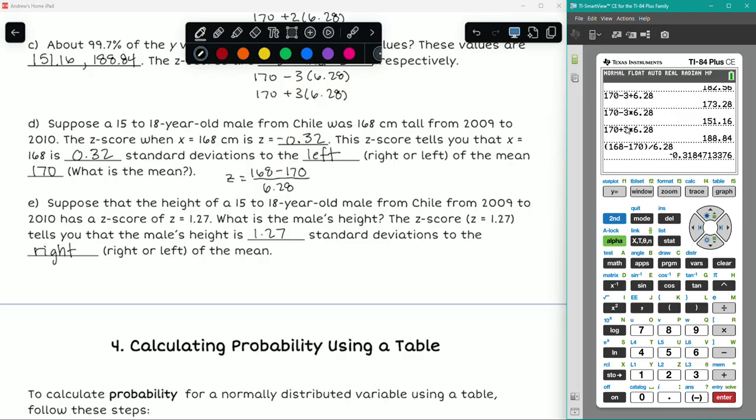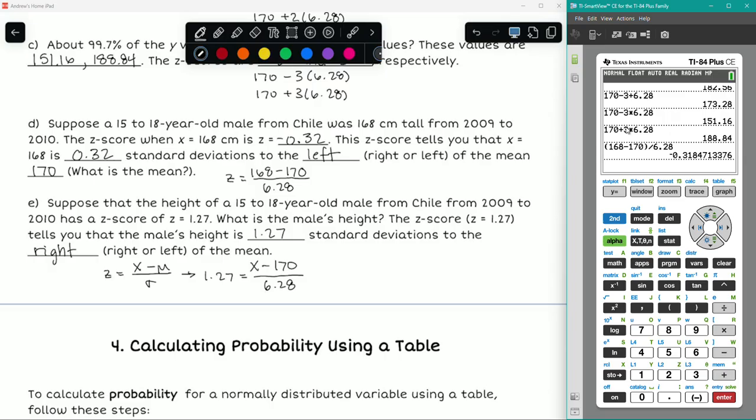Let's go ahead and take a look at our formula for z-scores. We know that z is equal to the data value minus the mean divided by the standard deviation. So 1.27 is equal to our data value minus 170 divided by 6.28.